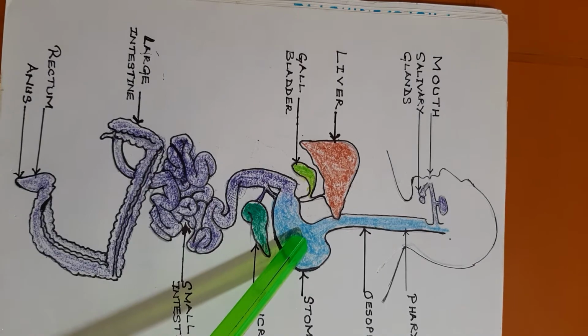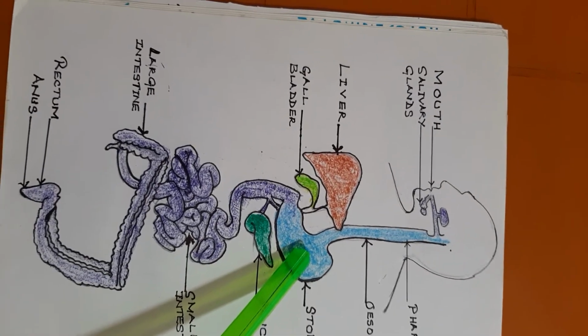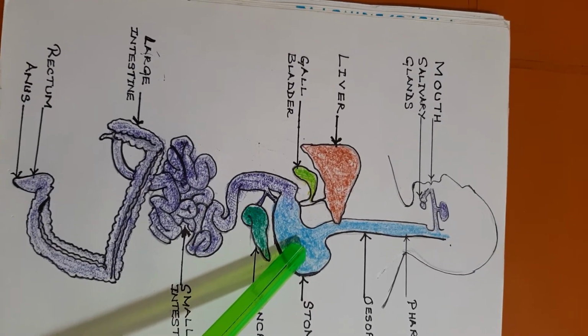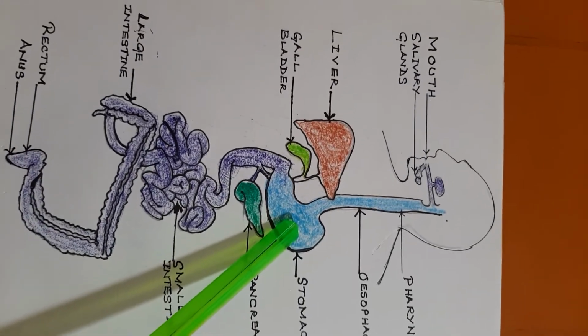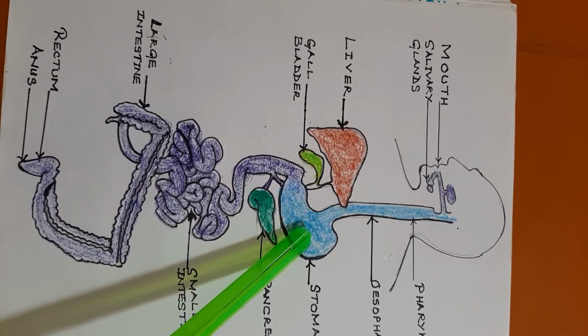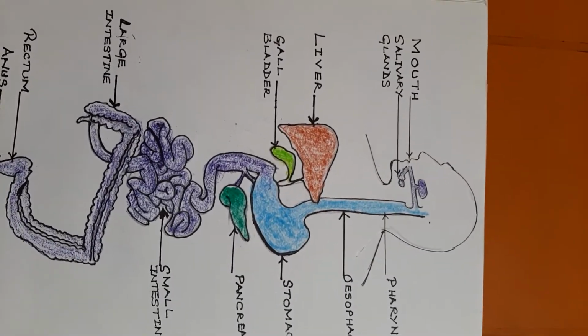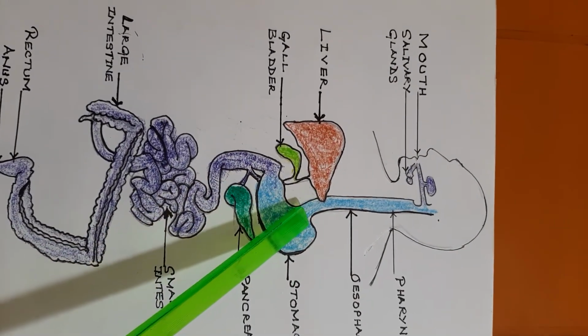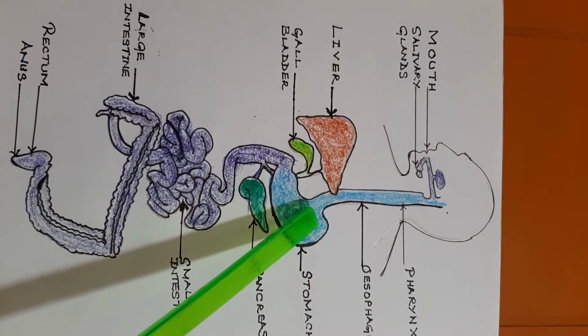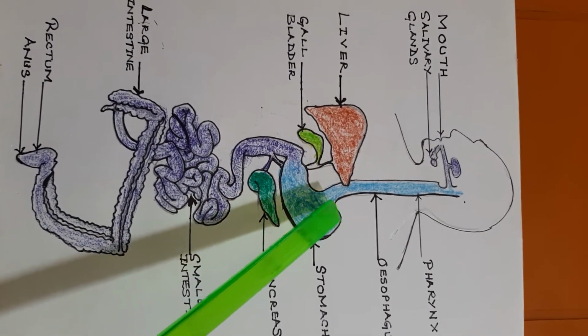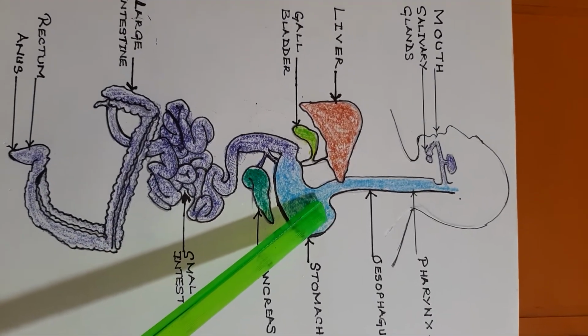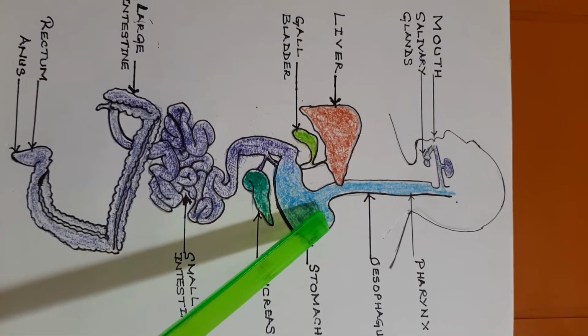Because the gastric juice is acidic, it does two things. It kills the germs that have come along with the food, and it activates the enzyme called pepsin.